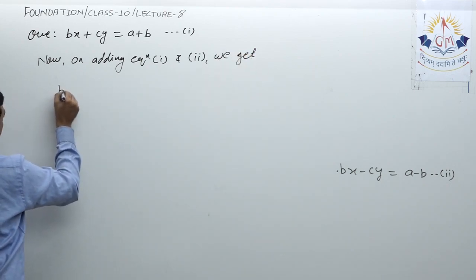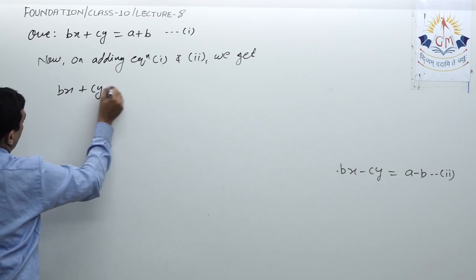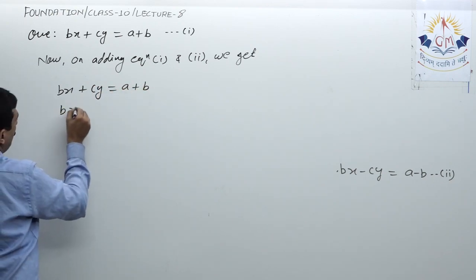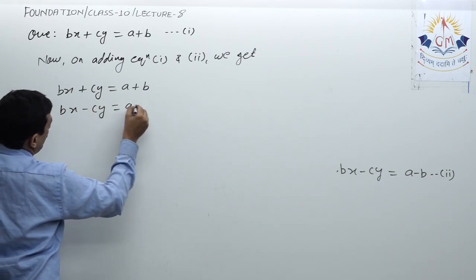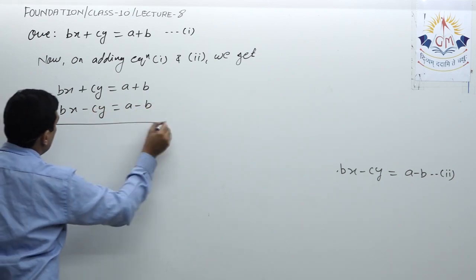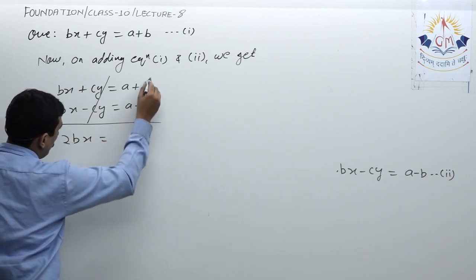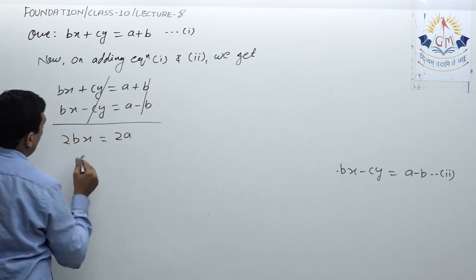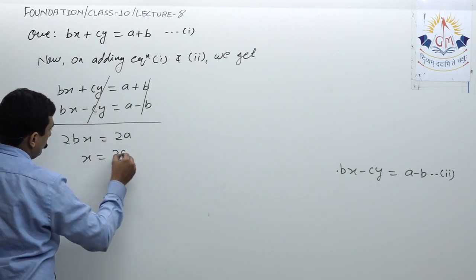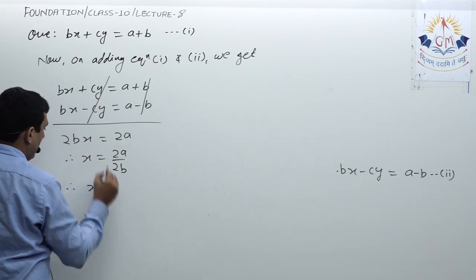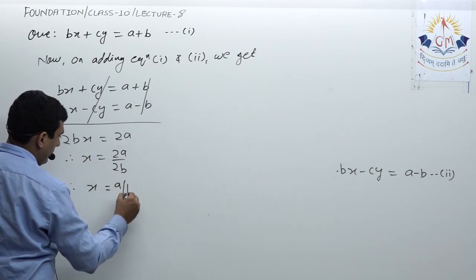Here we have bx plus cy is equal to a plus b. Here we have bx minus cy equal to a minus b. So this cancels out. 2bx is equal to, this cancels out, 2a. So x is equal to 2a upon 2b. Therefore x is equal to a upon b.